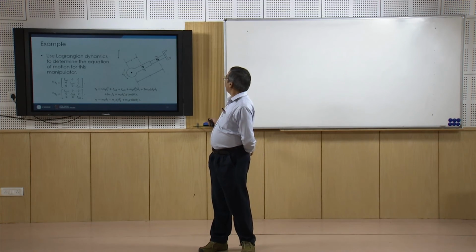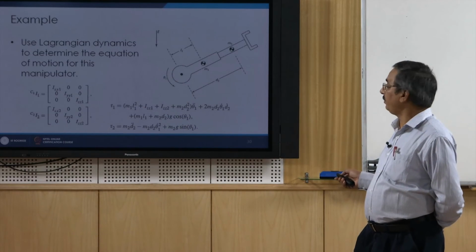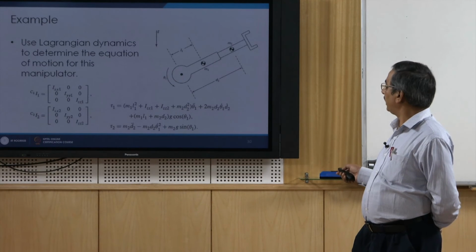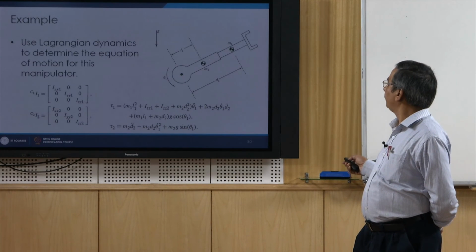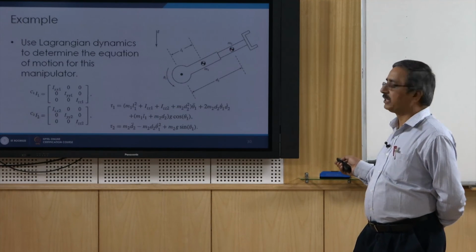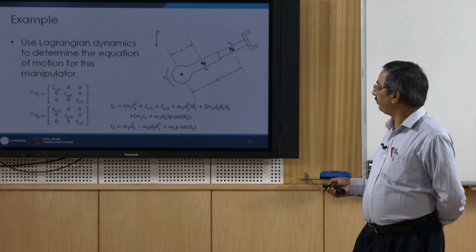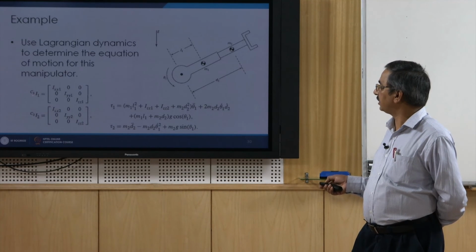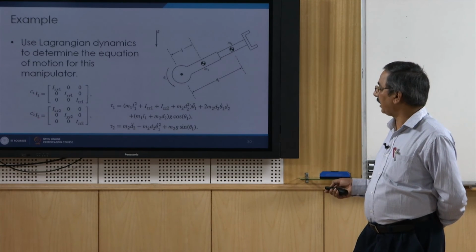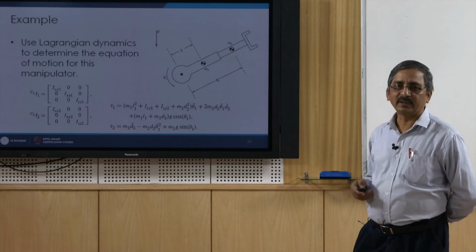Next, let us consider this problem. This is a 2 degree of freedom robot. The first degree of freedom is rotation, and the second degree of freedom is through the prismatic joint. For this we have the inertial properties given, say I1 about the center of mass of link 1, and I2 about the center of mass of link 2.